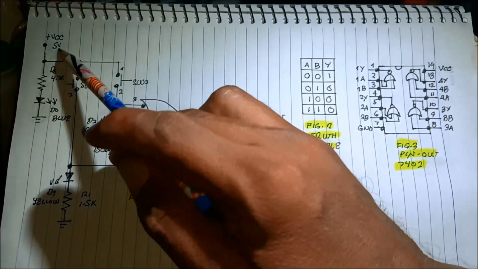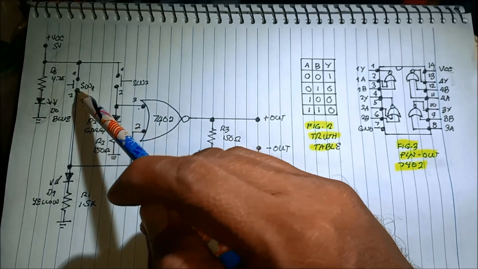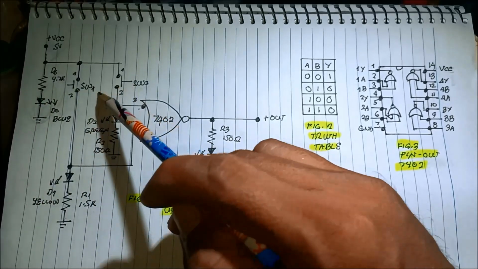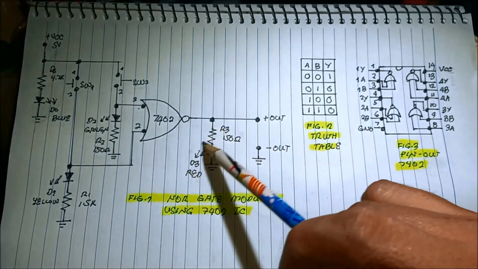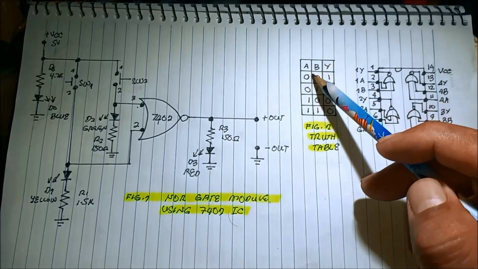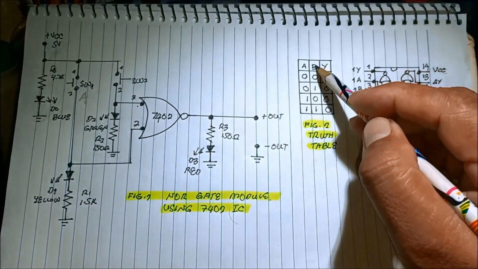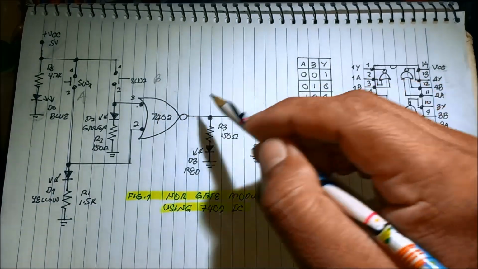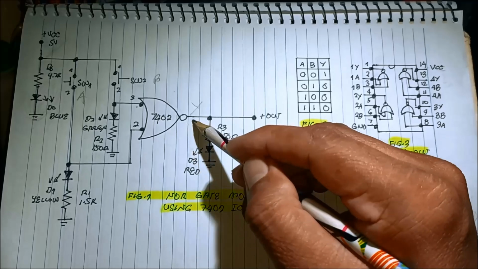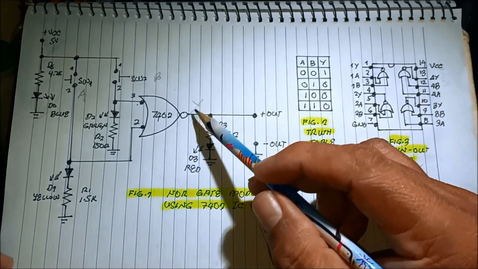Once we have the power, it will turn on the power LED. And then we have these two switches and the IC output, that's the red LED. So switch A is switch 1, switch B is switch 2, and the output is Y. This is pin number 1, output Y.